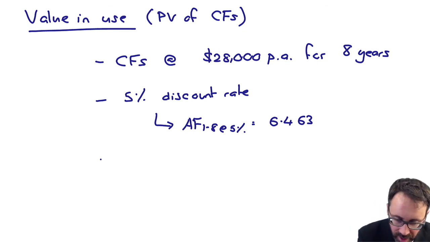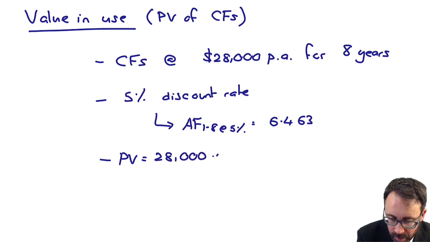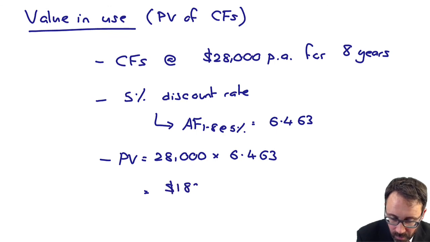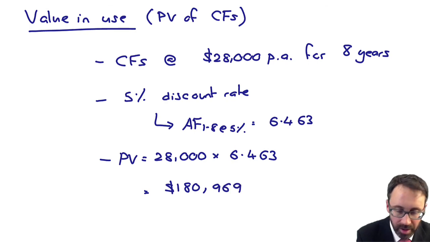So therefore, what you then have is the present value is 28,000 multiplied by 6.463. If you tap that on your calculator, I think that gives you, is it 180,969.